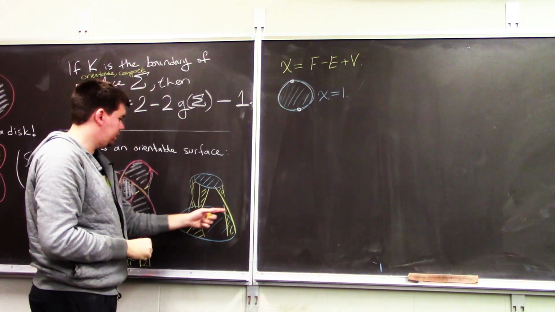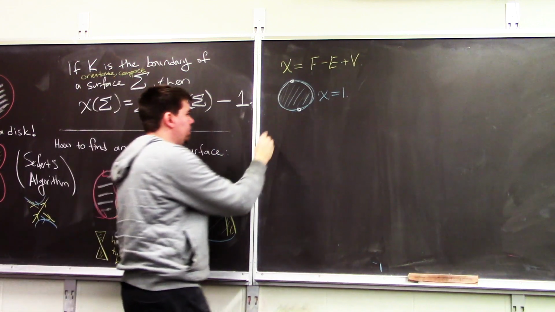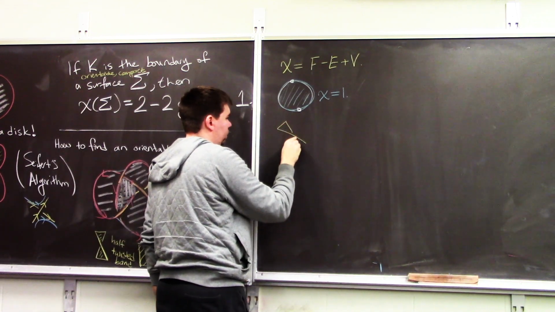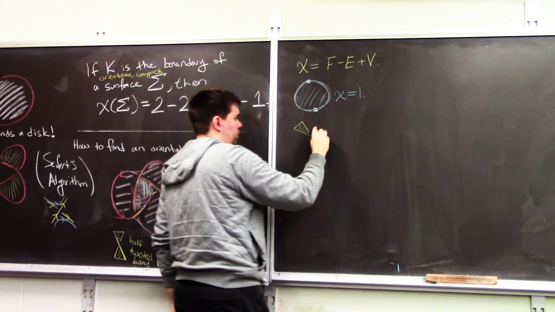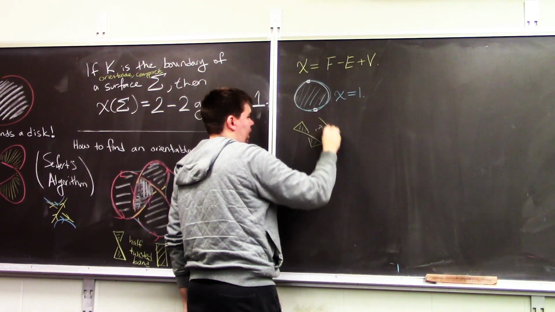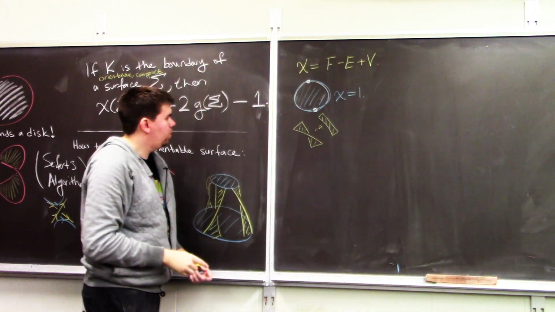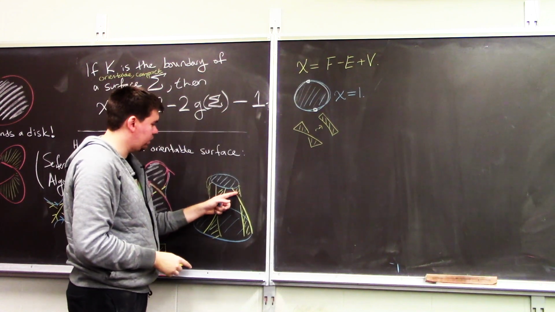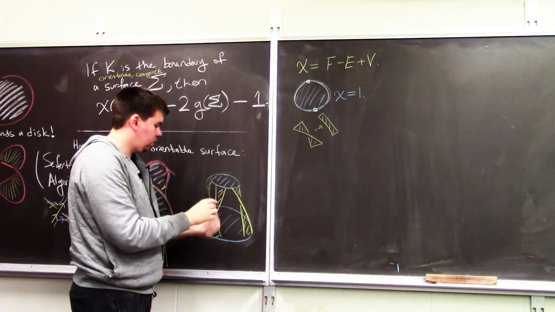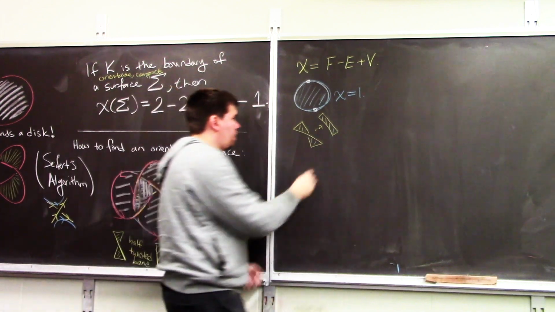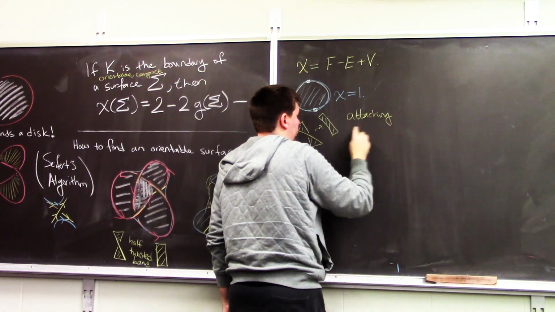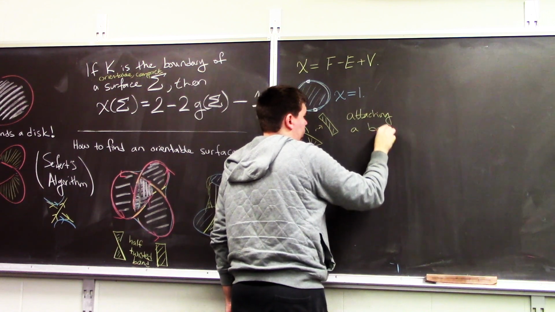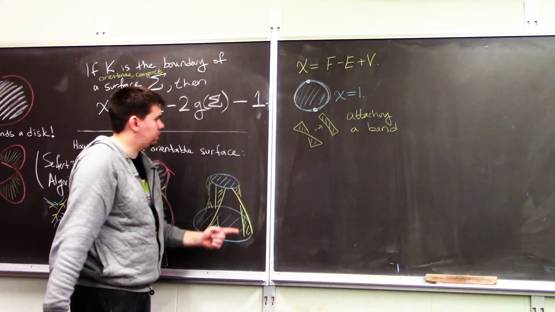How about these bands? Well, these half-twisted bands, it's just a rectangle with a twist in it. It's just a little rectangle that we put some little twist in. And you can think, well, what happens when you attach a band? So attaching a band does what to the Euler characteristic?